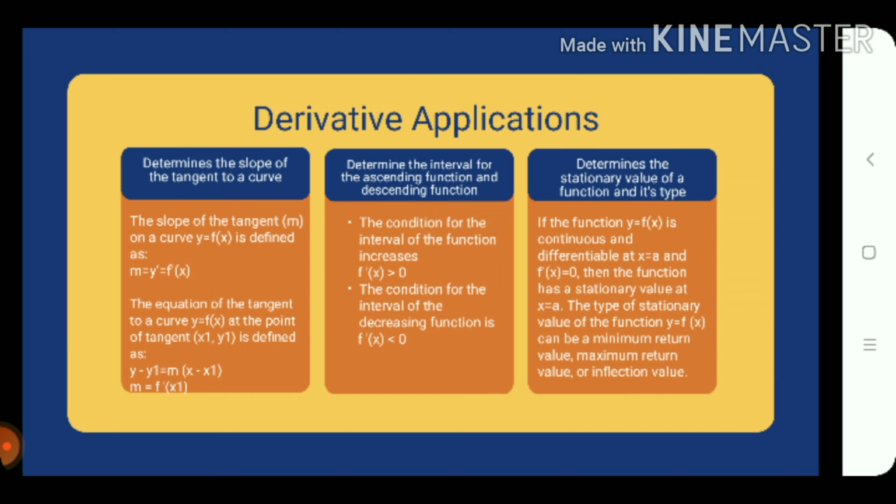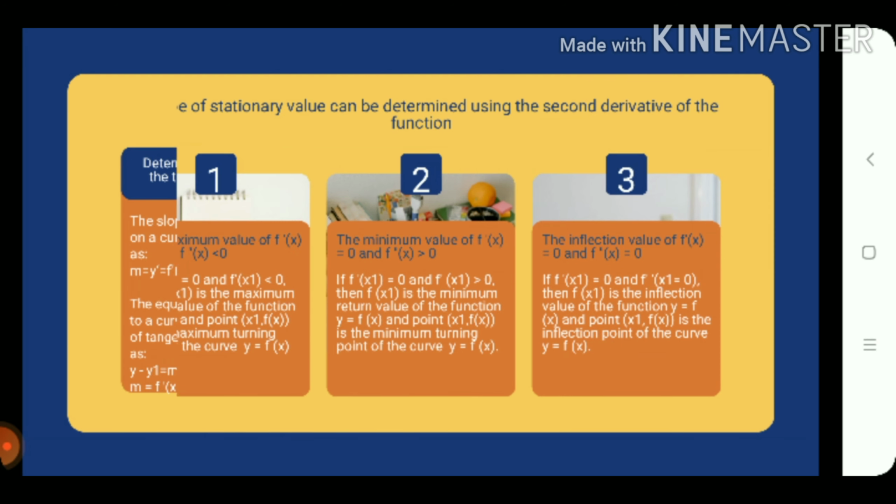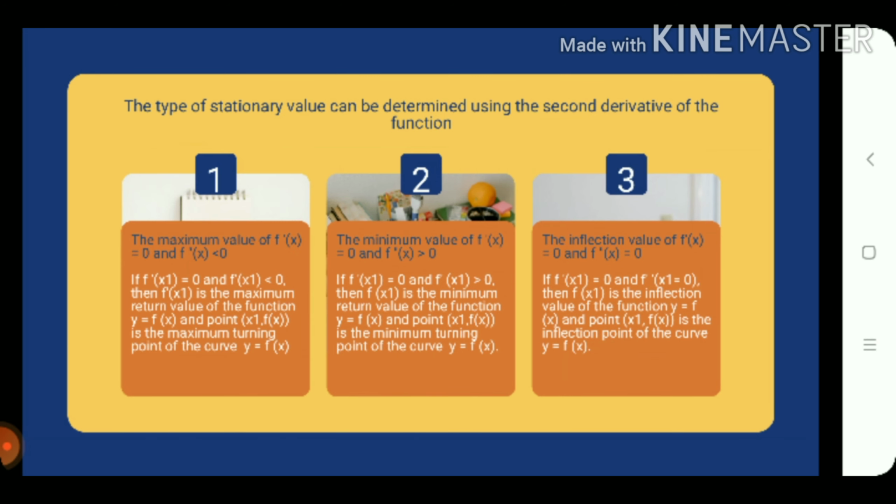The type of stationary value of the function y = f(x) can be a minimum turning value, maximum turning value, or inflection value. The type of stationary value can be determined using the second derivative of the function.